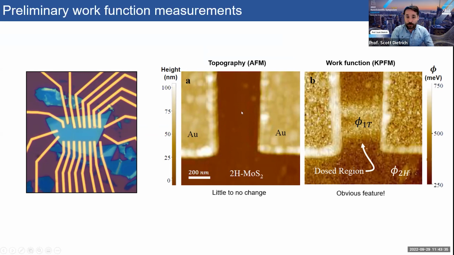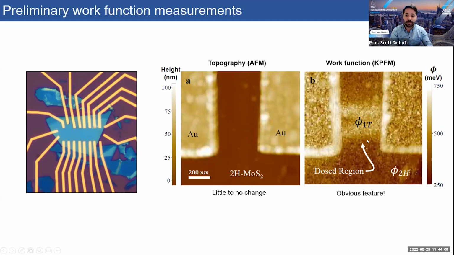There's nothing special between these gold leads, but when we looked at the work function map, we saw that the undosed region had a more or less constant work function, and the work function greatly increased when we exposed it to the beam of electrons. And like we said, if it was just doping and filling the conduction band, we would expect the work function to decrease.